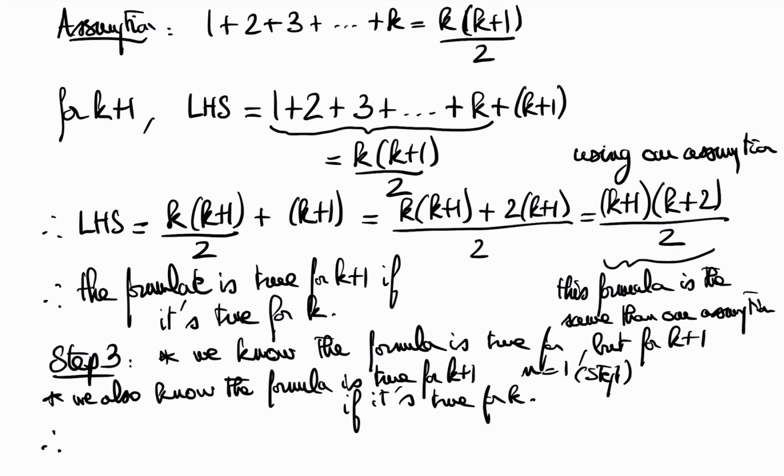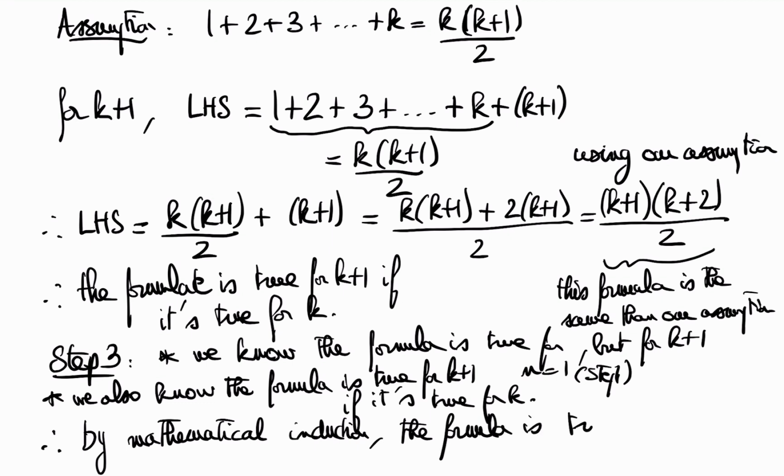So therefore, if it's true for n equal 1, it must be true for n equal 2. So therefore it must be true for n equal 3. And therefore it must be true for n equal 4. And therefore for n equal 5. And so on and so on. Therefore, by mathematical induction, the formula is true for all n greater or equal to 1.